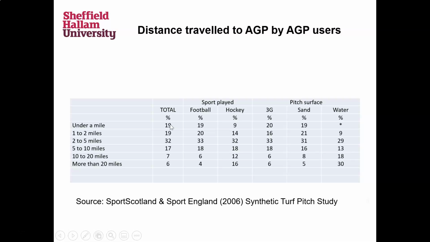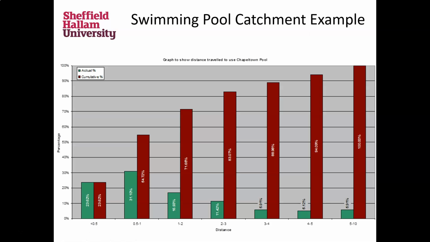Okay, so just to provide you with some local evidence on this. When I used to work at Sheffield City Council, we used to do surveys of sports facilities within the city quite regularly. So this is actually an analysis of postcodes of users of Chapeltown swimming pool, which isn't there anymore.